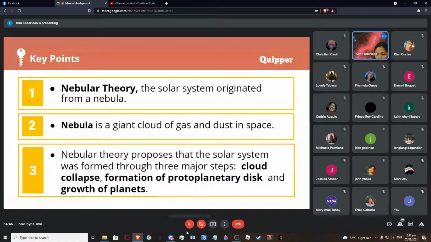Yes, ma'am. Okay, so basically, according to this theory, the supernova resulted from the disruption of the nebula. This disruption created an area with very high density, and this area was formed. The gravitational force acted upon these areas, pulling the materials toward it.